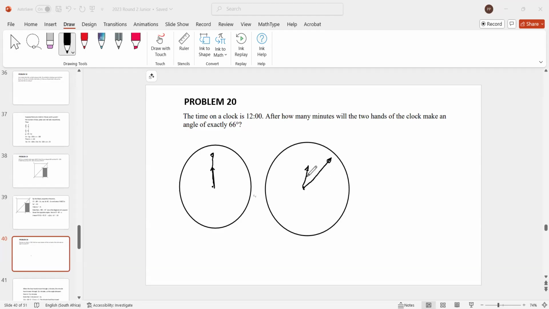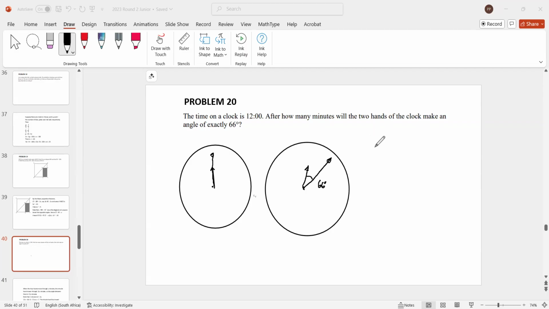Now, we know this angle is 66 degrees. Now let's understand what's going on here. You see, the minute hand is faster than the hour hand. How much faster? Okay, let's just figure that out.